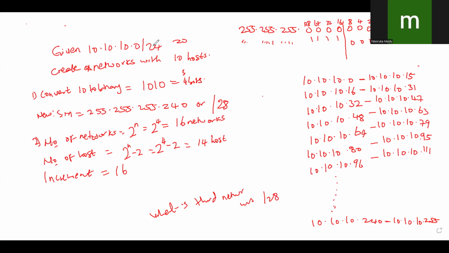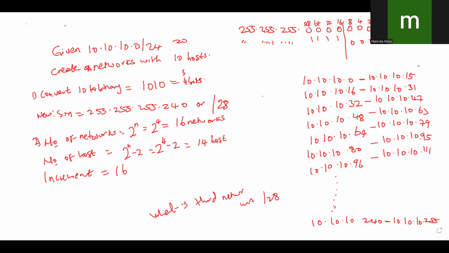They will just give you /24 and then ask what will be the third network when you subnet this to /28. Does that answer your question?